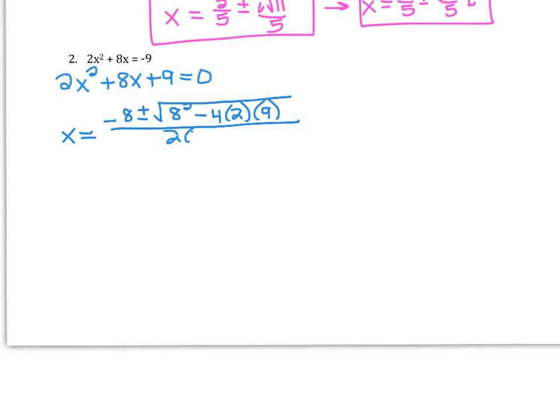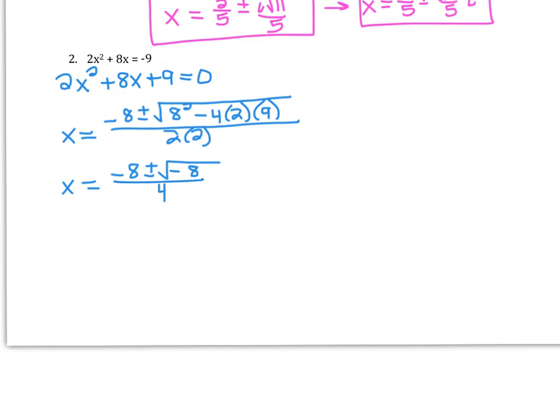So 2 times 2. All right, so that gives us x equals negative 8 plus and minus the square root of, and you just want to figure out what this is equal to, so 64 minus 72 is negative 8, and that's going to be over 4.